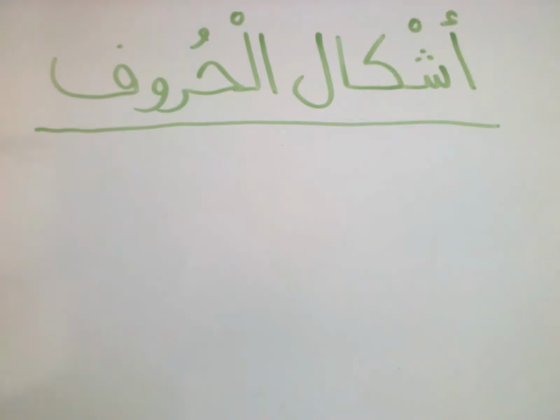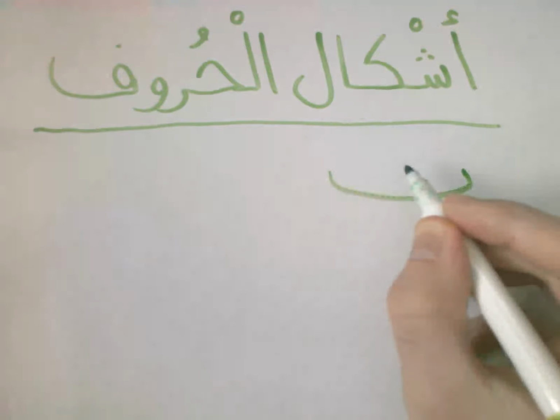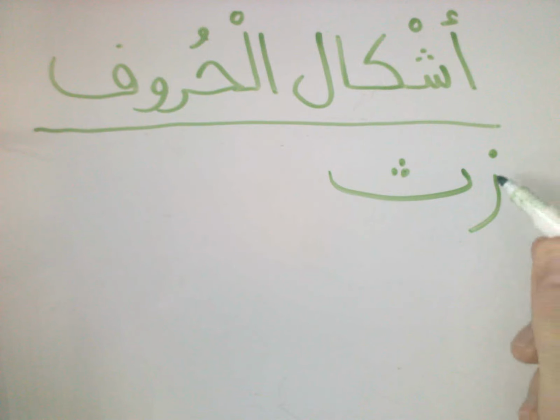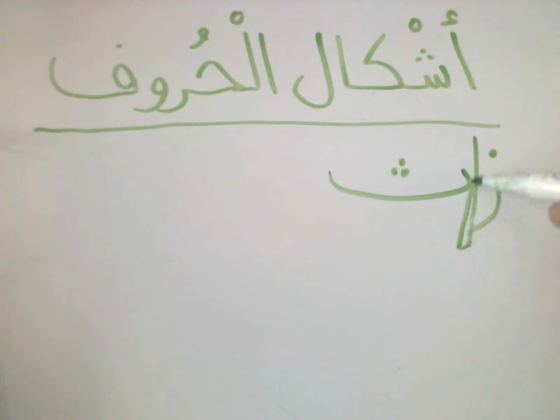Here is the isolated ثاء when it's not attached or connected to any other letter in a word. Specifically, if it comes after any letter like alif, this would be F. It would be pronounced F. Or even if you would have another letter like dal, or perhaps ra, or zain, because this is a letter that it cannot connect from the front.